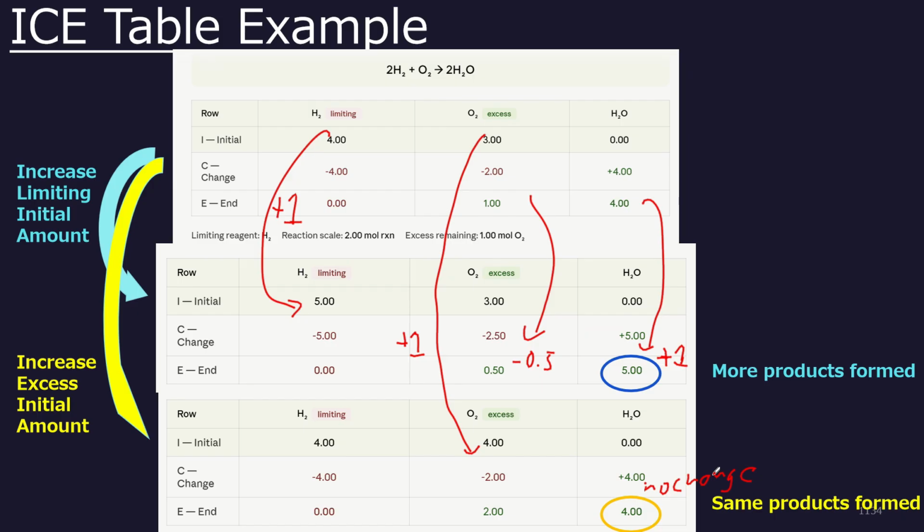It goes -4, which means it goes to 0, same as before. So having more excess really doesn't change much. It'll change how much excess is remaining at the end, of course, but it doesn't change how much the rest of the reaction proceeds. Hugely important point to realize. So increase limiting initial amounts, more products formed, more excess consumed. If you increase excess initial amount, really no difference in the chemical reaction. The only difference is more excess starting materials remaining at the end.